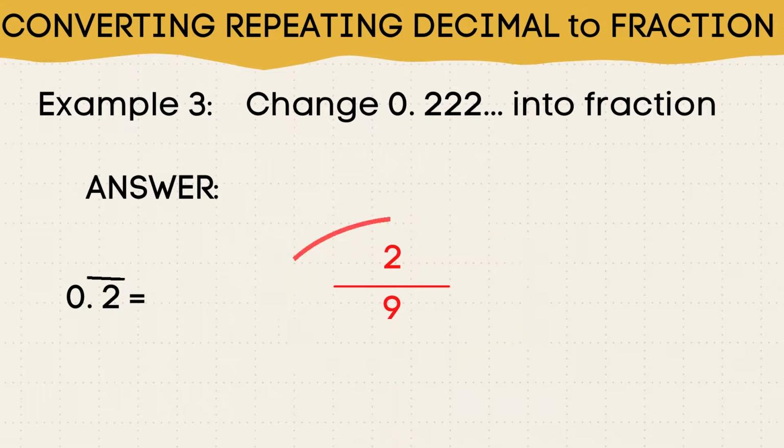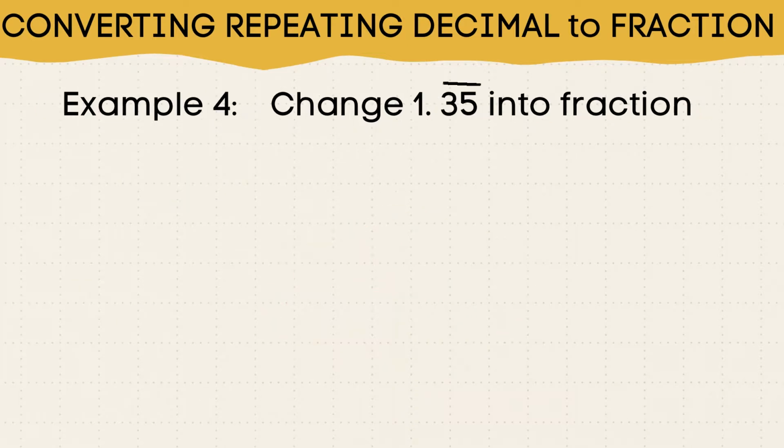Okay? By the way, the repeating decimal 0.2222 can also be written as 0.2 with a bar above. So if you see a number with a bar above it, that means that the number is repeating. Okay, let's try another one.